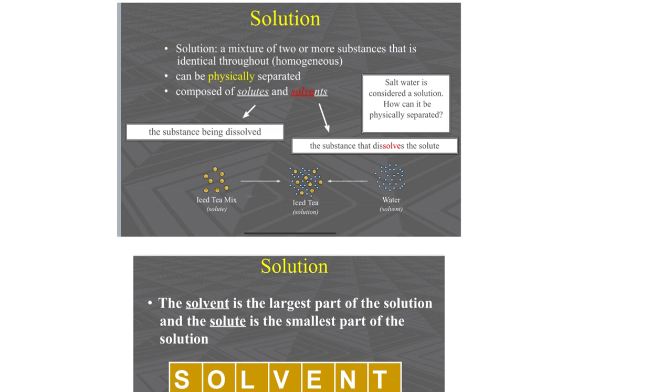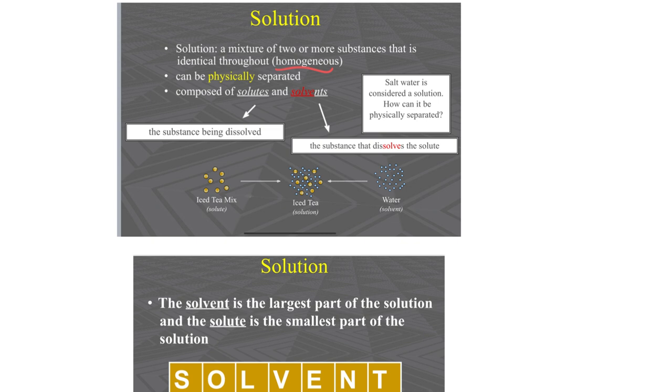You got water, you got the fizz, carbon dioxide, you got flavorings, you got sugar, and it's all mixed, and you can't see the different pieces. It's homogeneous. You can't see the different components. It's all mixed in one thing. You can't see them with a microscope.